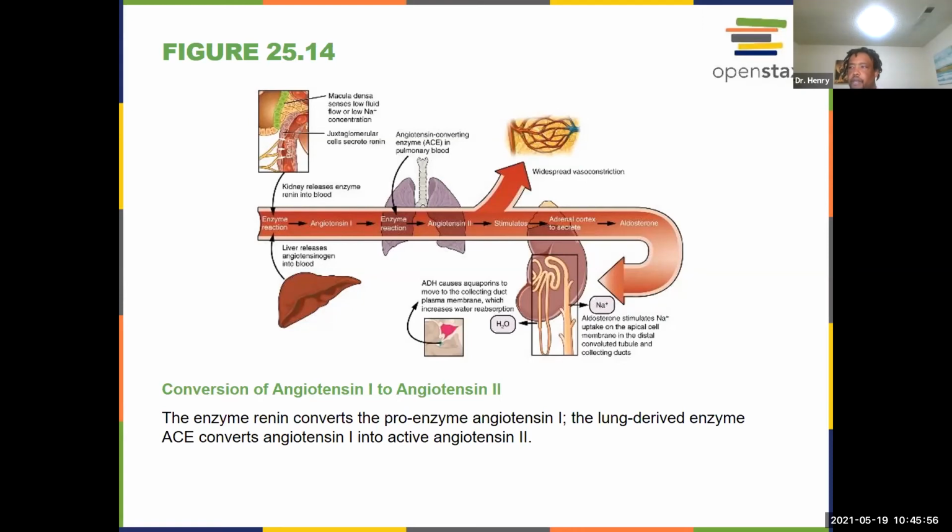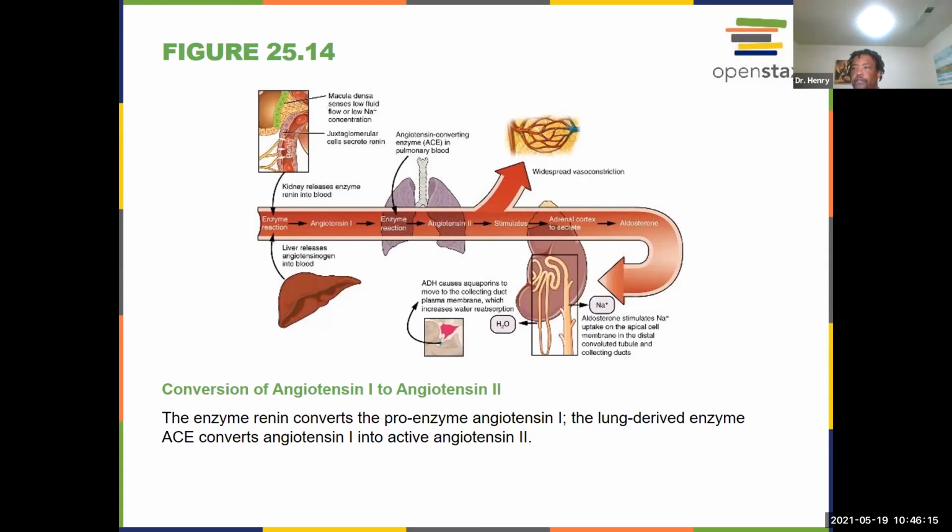And then aldosterone is going to be responsible for the sodium uptake by your apical cell membrane. So you're going to get that gradient forming.